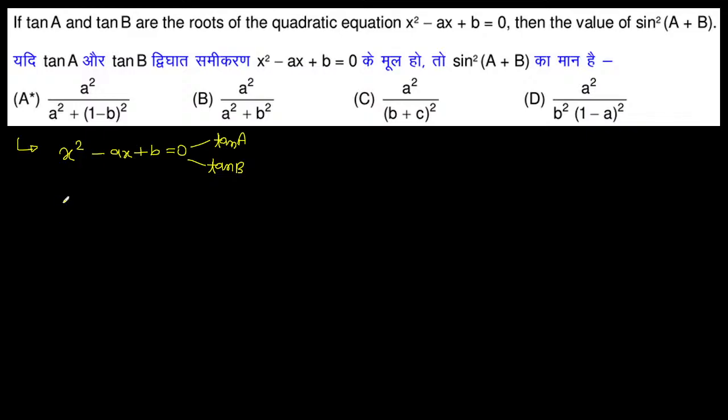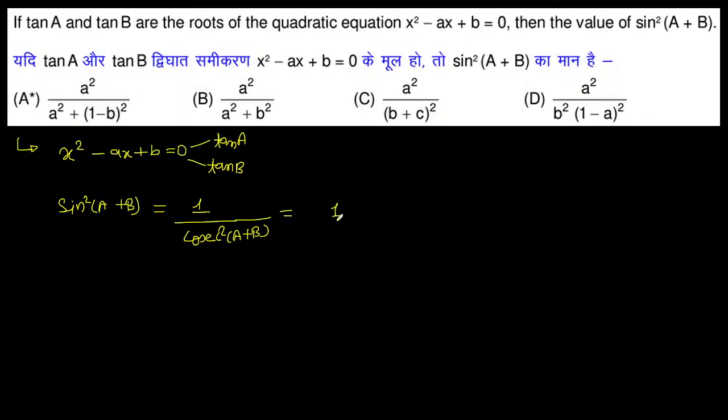So find the value of sine square (a plus b). So can we write this as 1 by cosec square (a plus b)?